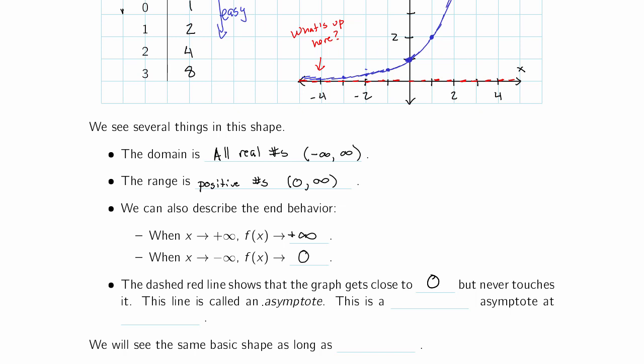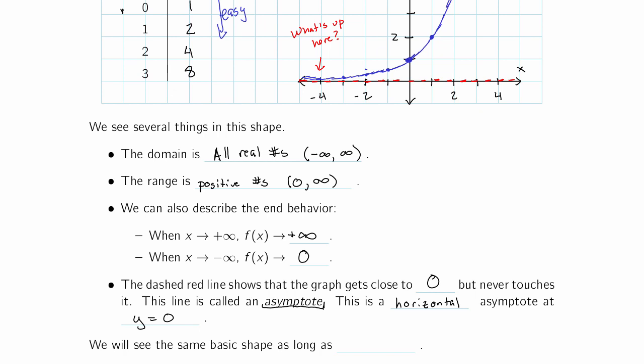A line like that, that the graph gets close to but never quite rests on, is called an asymptote. This is a horizontal asymptote, and it's a horizontal line whose equation is y equals 0. So I did this for 2.